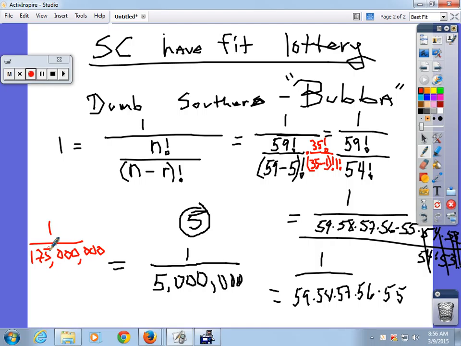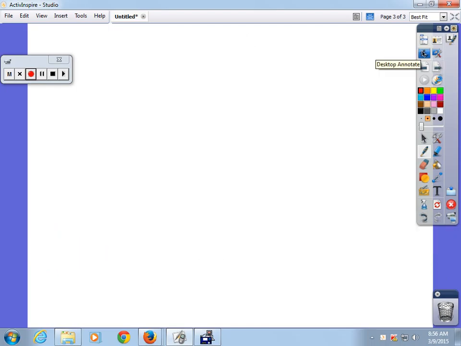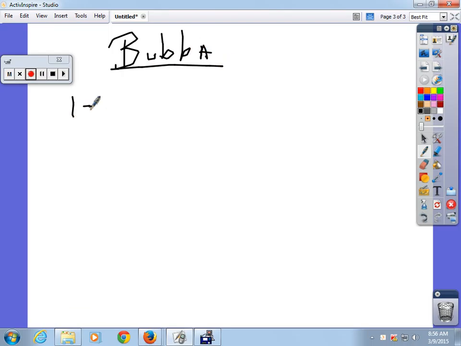So let's go to the next slide, and let's say Bubba buys 1 ticket. What is his chance with 1 ticket? Give me about 7, 6 or 8 digits. What is it?